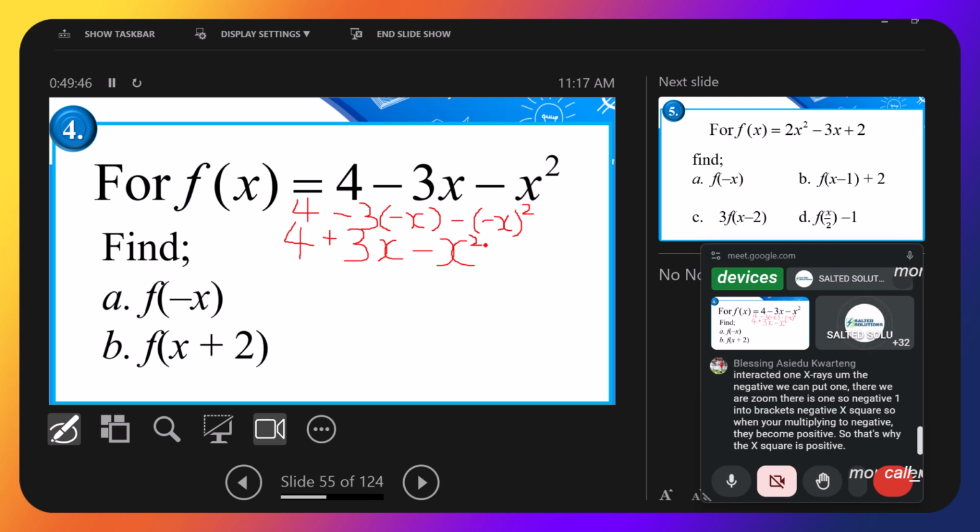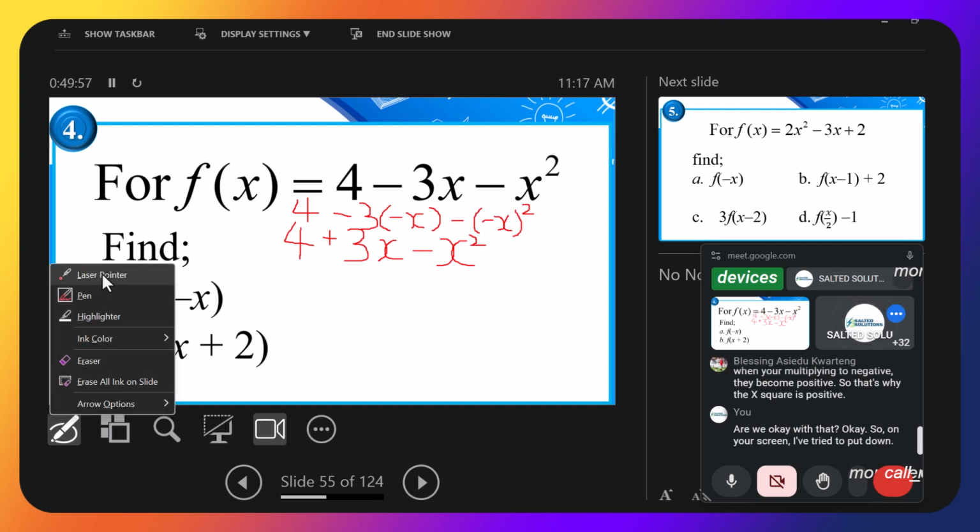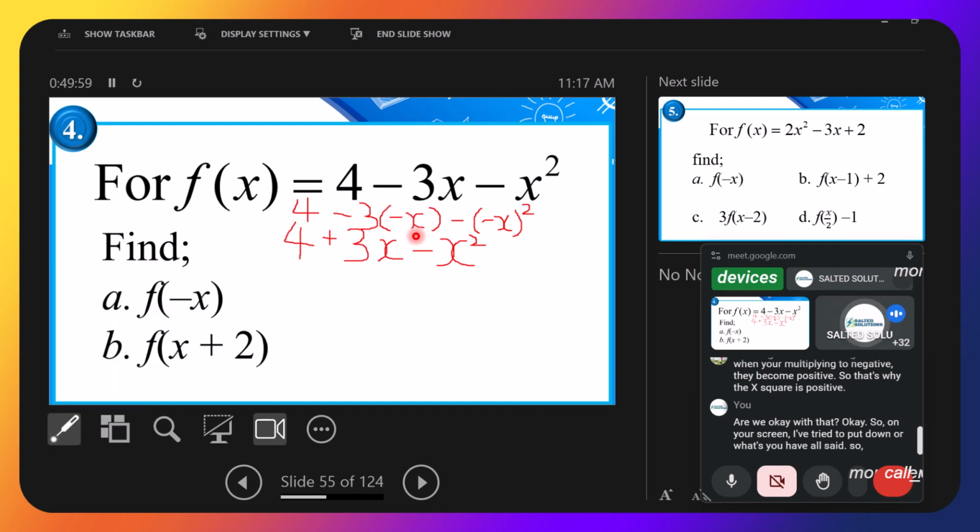Yeah. Okay. So on your screen, I have tried to put down all what you have said. So we are substituting negative x in place of x, and we obtain the first expression. So you notice that the x being negative, multiplying negative, right?